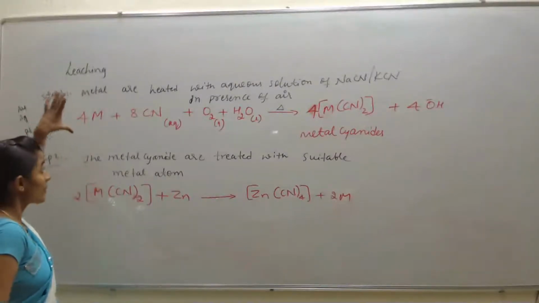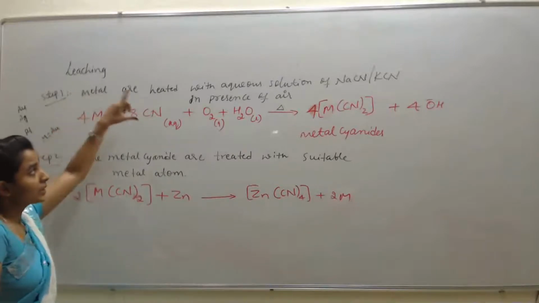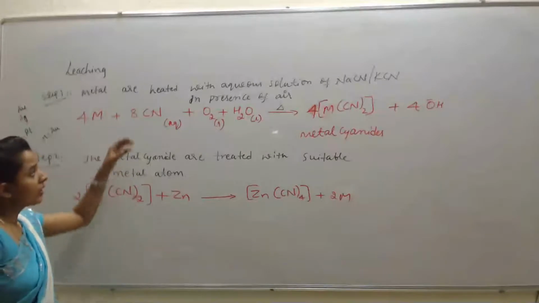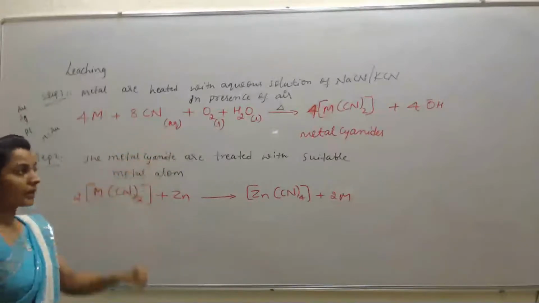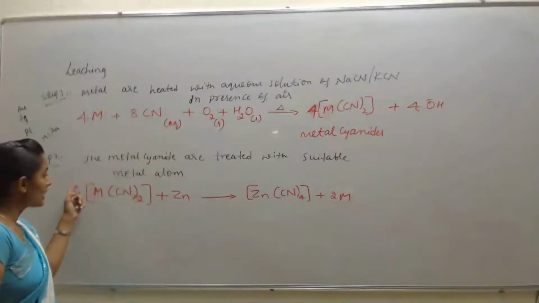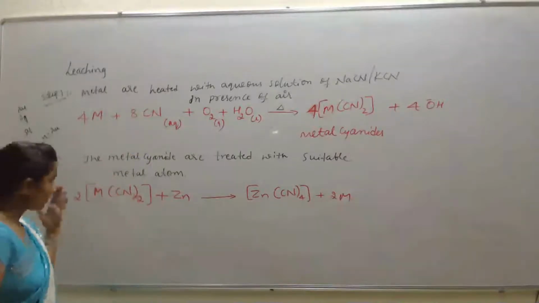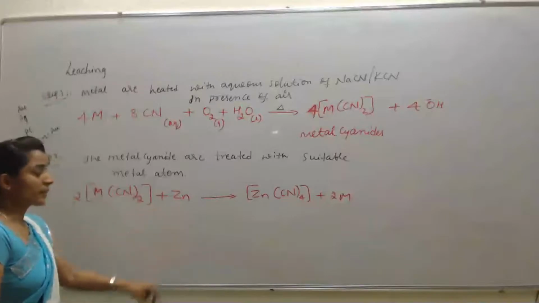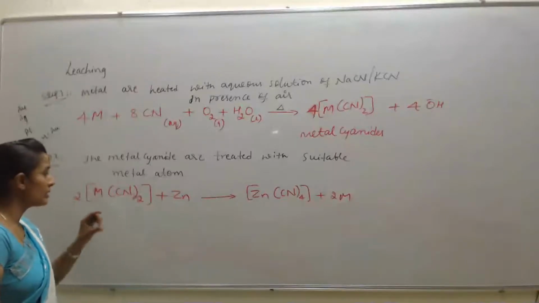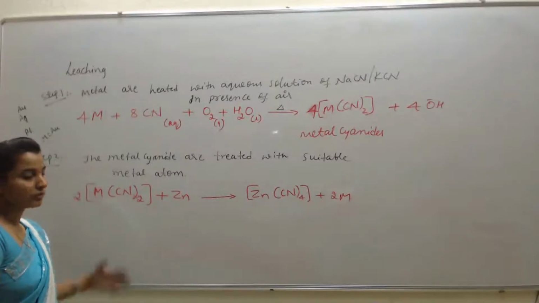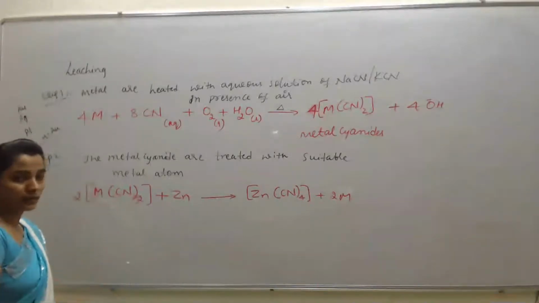First, the respective metal is heated in presence of NaCN, KCN, the aqueous solution, in presence of air, then you will get metal cyanides. That metal cyanide is again treated with a metal which has the ability to reduce this metal, and forms the metal. So whatever metal we want, we will get from that.